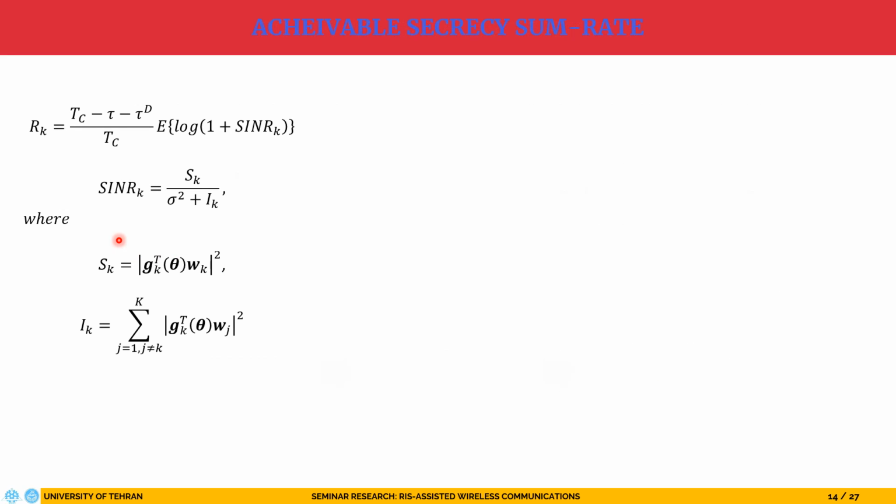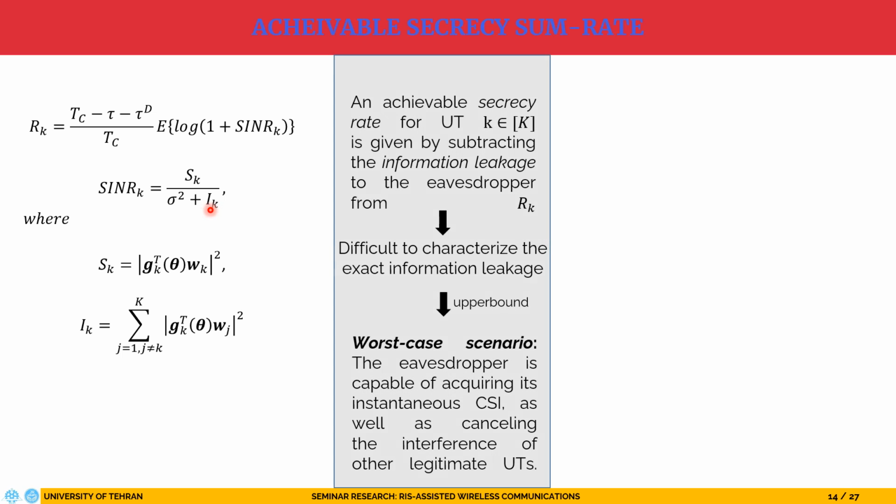So achievable secrecy sum rate. This is the formula. SINR is the actual signal divided by the variance of the noise and the power of the interference terms. The achievable secrecy rate for UTK is given by subtracting the information leakage to the eavesdropper from RK here. But it is difficult to characterize the exact information leakage.